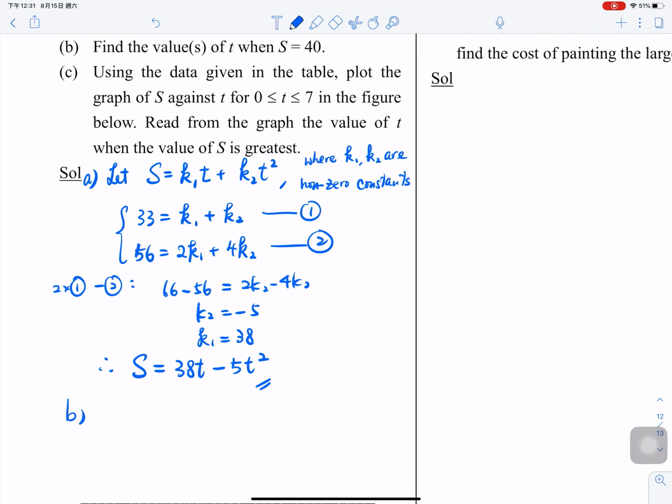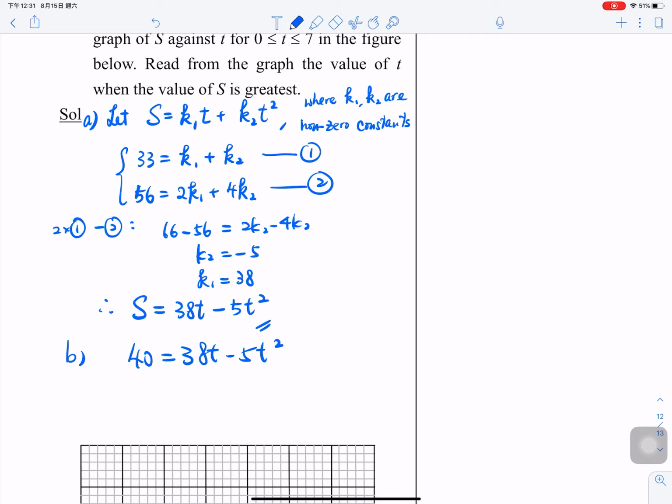Find the values of t when s equals 40. So s equals 40. Substitute this into the equation in part A, and you find that 5t squared minus 38t plus 40 equals 0.